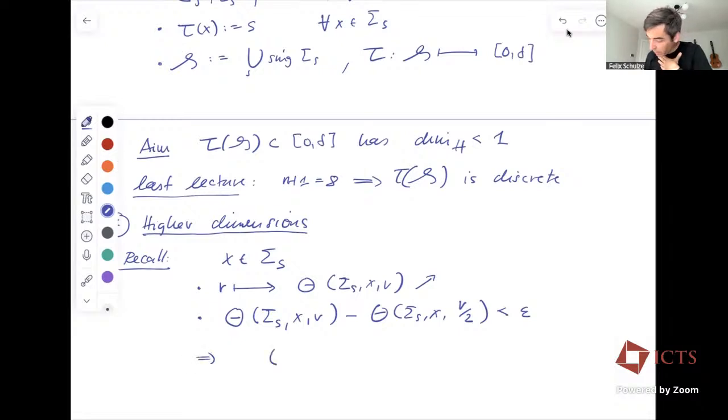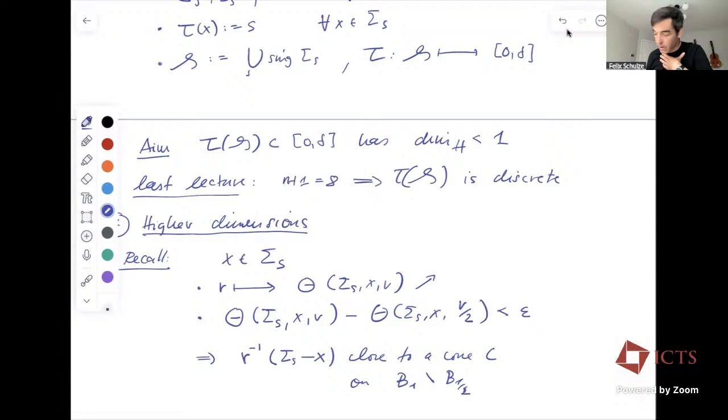This time we take sigma s, center it at x, and rescale by this factor r, so I rescale this factor r to 1. This means it is close to a cone C on B1 without B1 half.